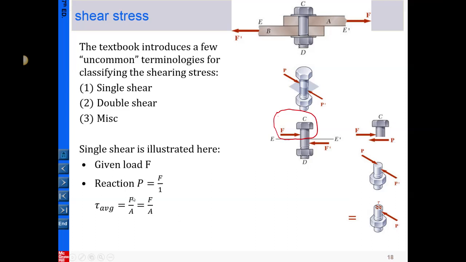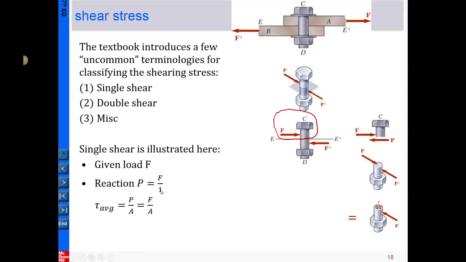And given the size of the pin, you should be able to determine the cross-section of the pin. So that's A here. Now why is it called single shear? Single shear means this reaction force in magnitude equals F. So again, the reaction in magnitude equals F divided by 1.